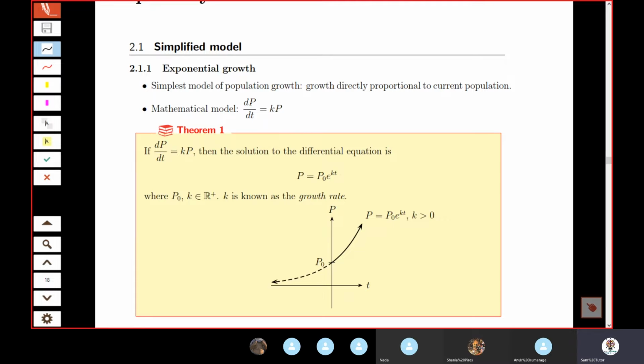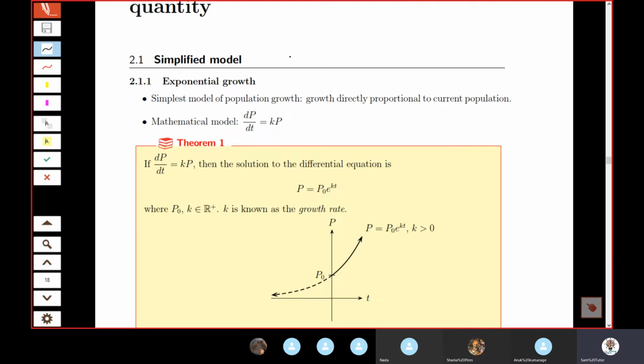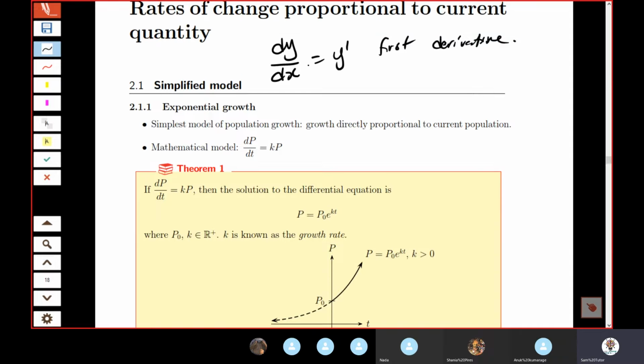Now, the way we read this, just as a bit of revision, is if I had dy/dx, that's just the same as y dash, right? That's your first derivative. So y dash is my first derivative, dy/dx. That means before this, you would have had a y function.